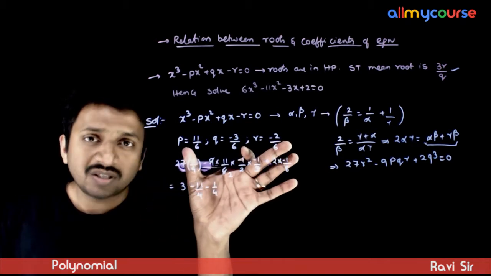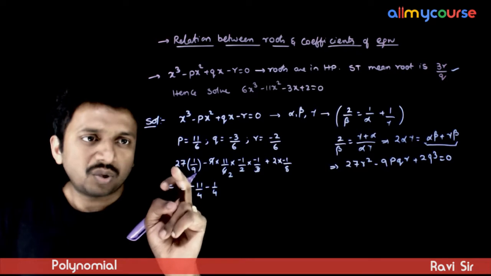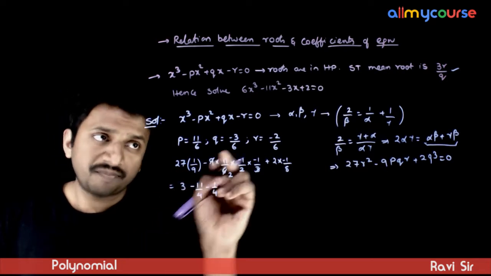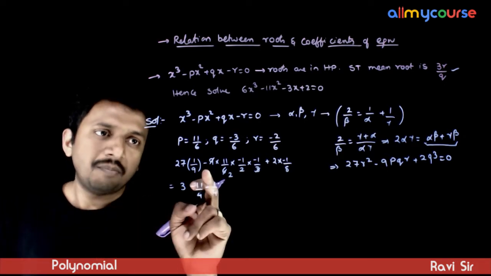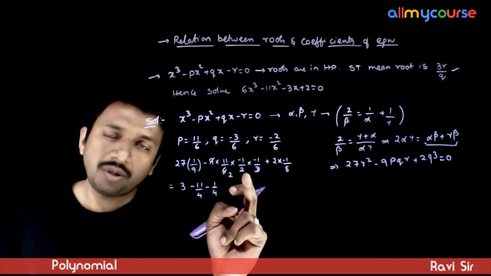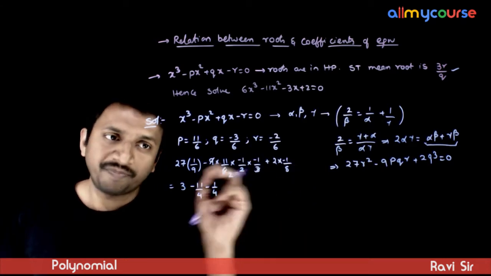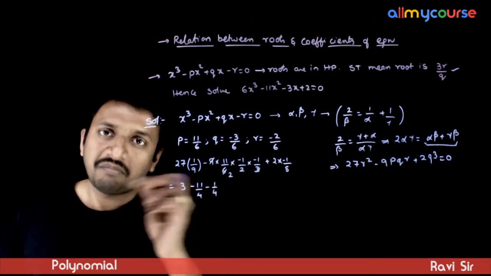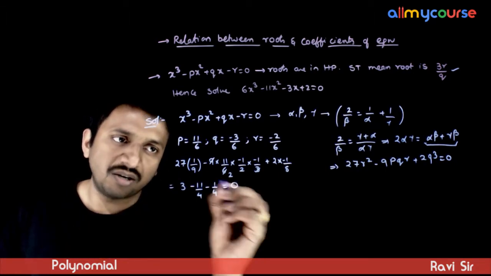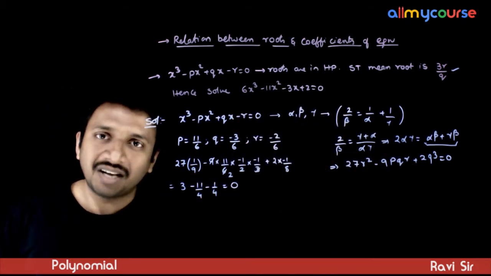So corresponding to this p, q, r, let us see if this condition is valid. So 27 times r square. r is minus 1 by 3, whole square is 1 by 9. Minus 9 times p times q times r plus 2 times q cube. So as you can see, you get 3 minus 11 by 4 minus 1 by 4 is equal to 0. So for this equation, this condition is valid.